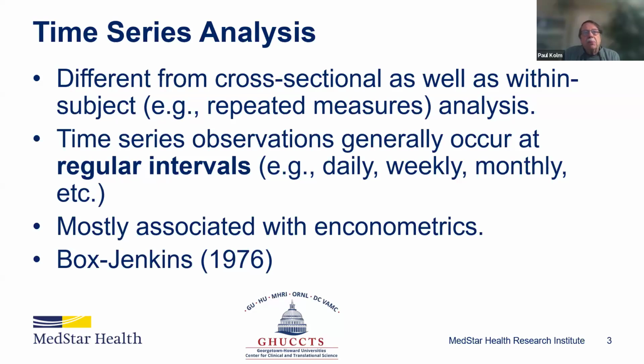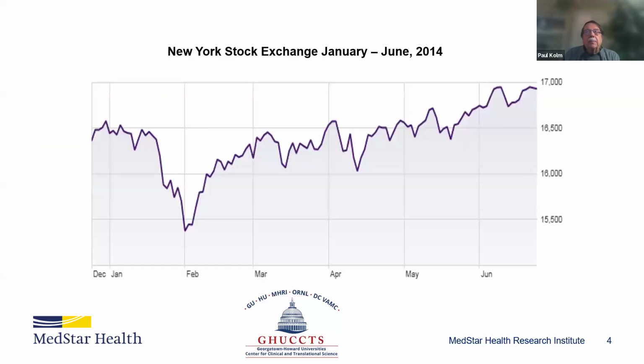The time series is mostly associated with econometrics. The Box-Jenkins reference is sort of the standard reference to the theory behind time series analysis. So let me give you a couple examples here of time series analyses.